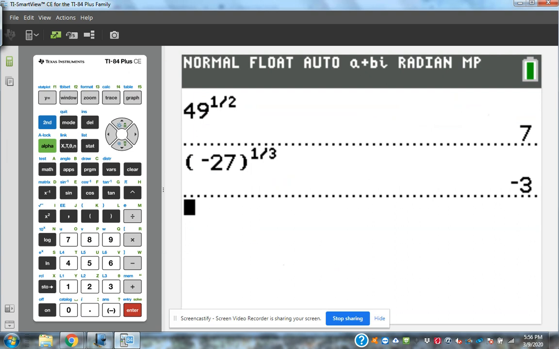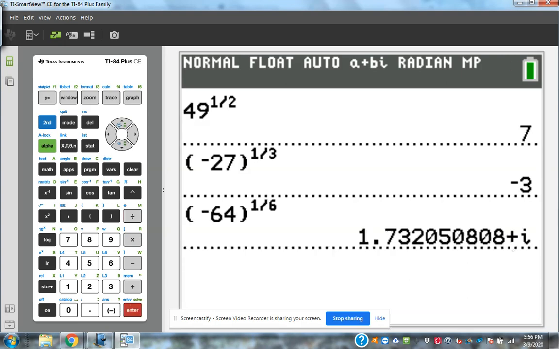If you were to type that in your calculator, just like it is, negative 64, oops, I meant to put parentheses, negative 64, close the parentheses, raised to the 1/6 power. Notice how it's giving me this mess here. It's giving me a big long decimal thing in front of there, so it doesn't simplify out the right way. So we're going to call that a non-real number.